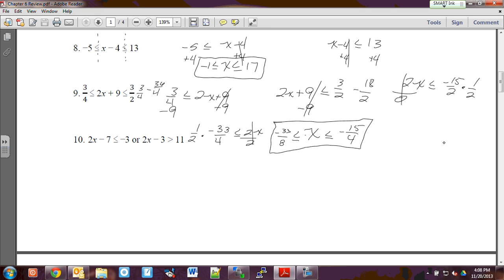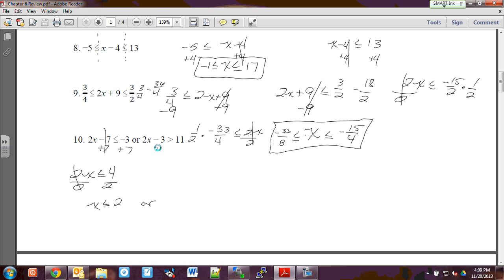Okay. Now number 10, we have two different ones that we're going to have to solve. So you just solve them as you normally would. Plus 7, plus 7. So 2x is less than or equal to 4. Divide both sides by 2. So x is less than or equal to 2.